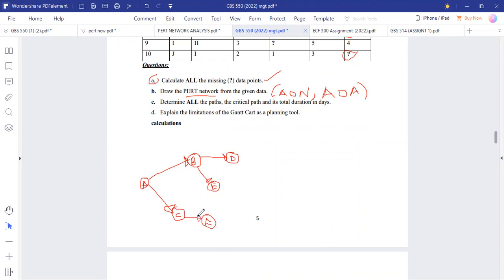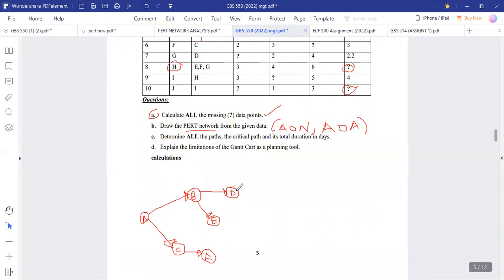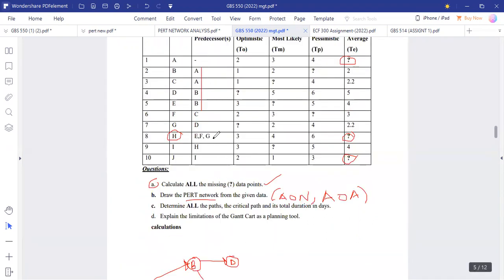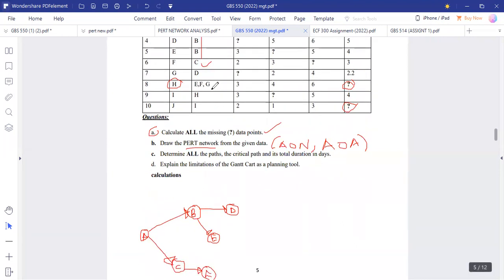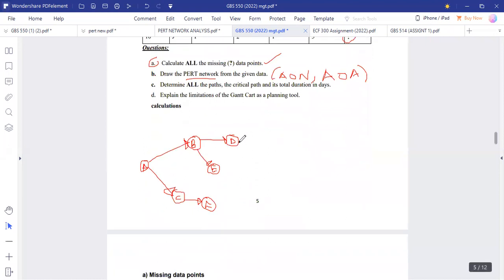This one has also been sorted out. After D there is G. So here there is a G after D. After D has been completed, there is a G.